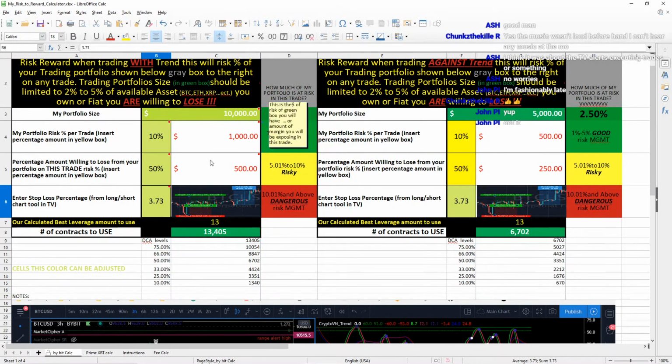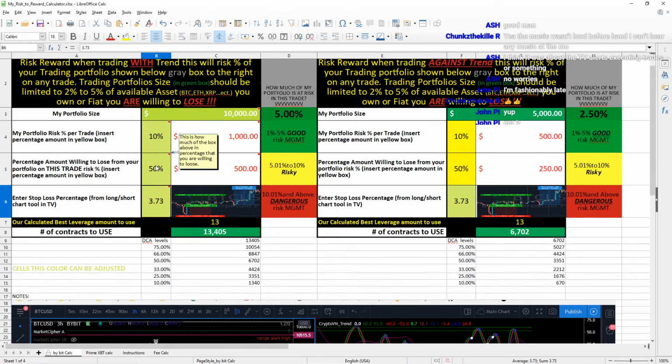You would have $500 margin at risk. It would be 13x with 13,405 contracts. And once again, against the trend, it would be just half of that basically, but it does all the math.